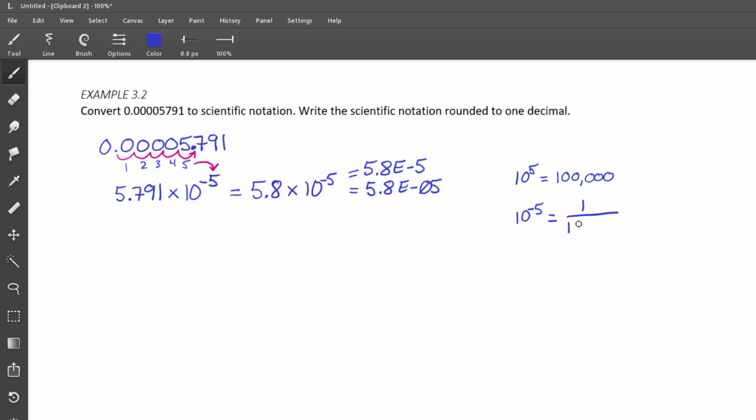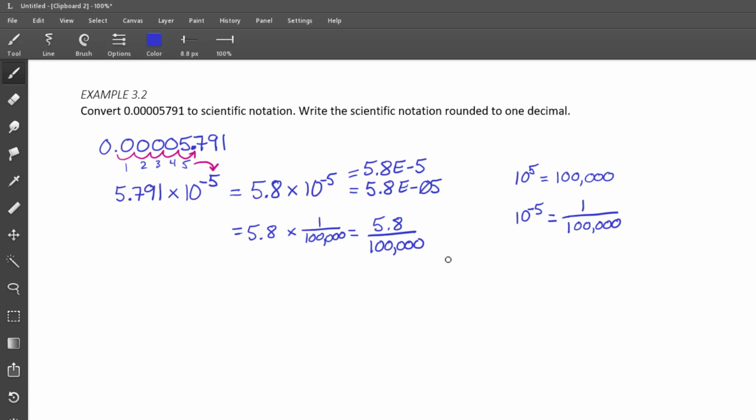So in this case, 100,000. So essentially, this expression, 5.8 times 10 to the negative 5th, is the same as 5.8 times 1 over 100,000, which is the same as 5.8 over 100,000.